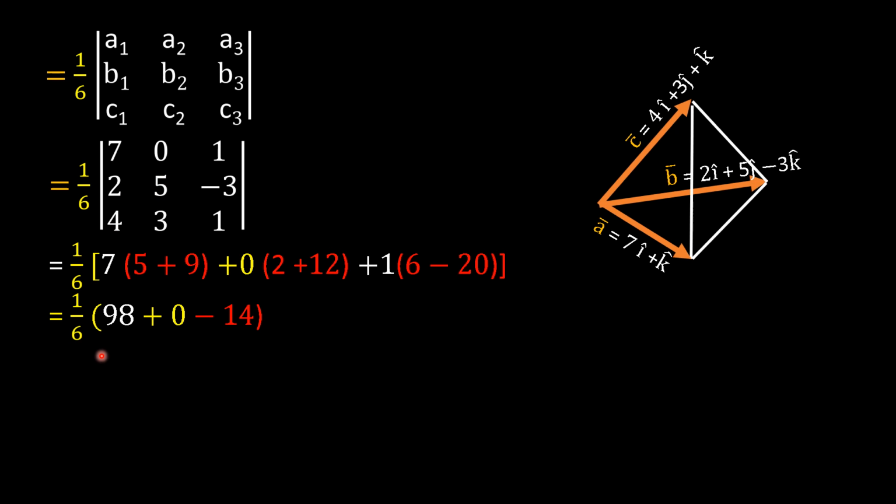This will be 14 sevens are 98, this will be 0, this will be minus 14. So it will be 1/6 times 84, which is 14 cubic units. Therefore, it is proved that the volume of this tetrahedron, whose coterminous edges are A bar, B bar, C bar, is 14 cubic units.